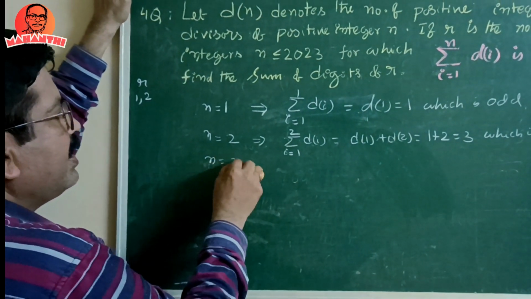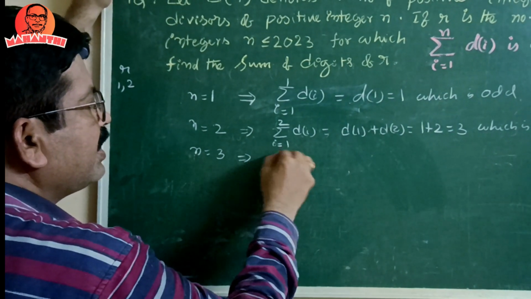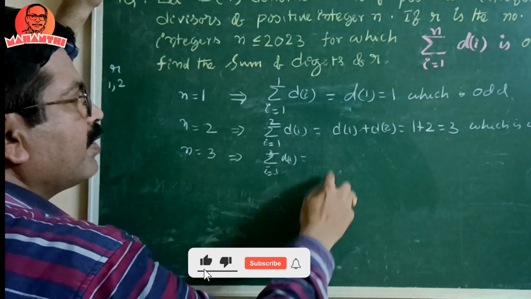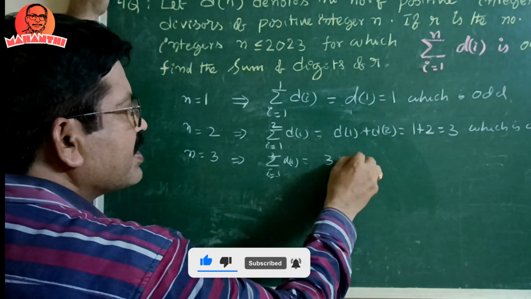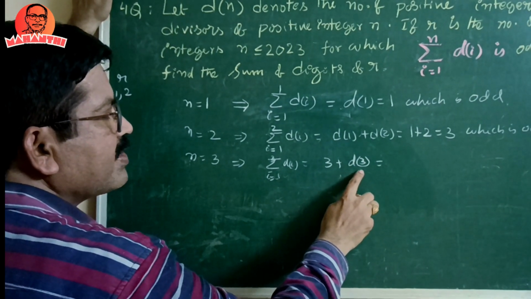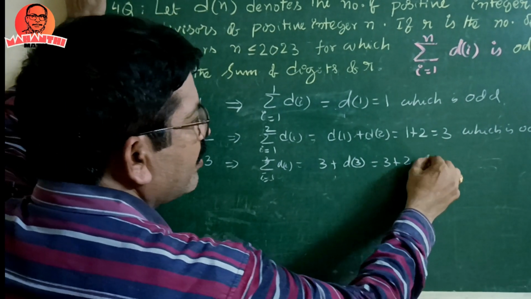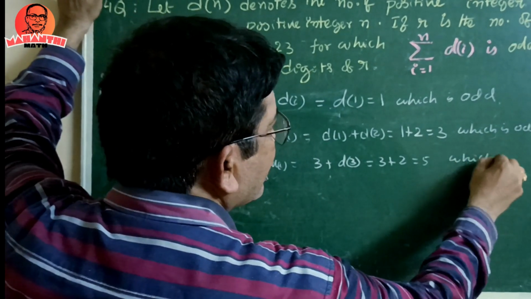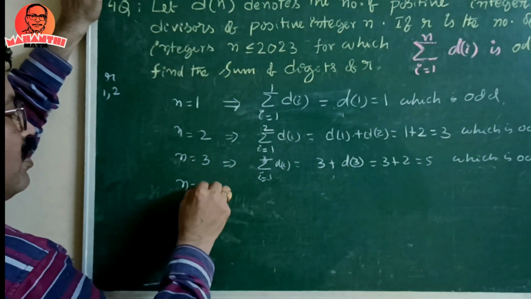Now n equal to 3: the sum is D(1) plus D(2) plus D(3). Up to D(2) it was 3, plus D(3). How many divisors does 3 have? 2 divisors, 1 and 3. So 5, which is odd.